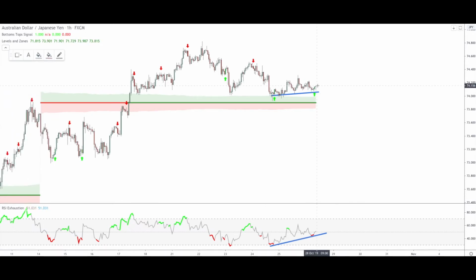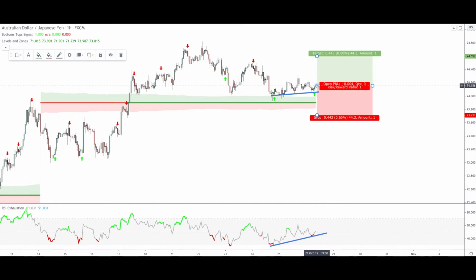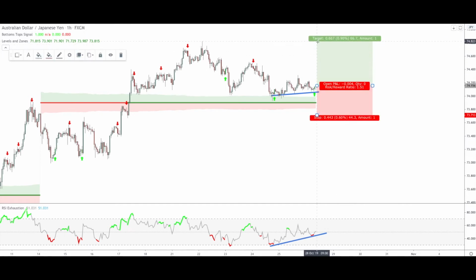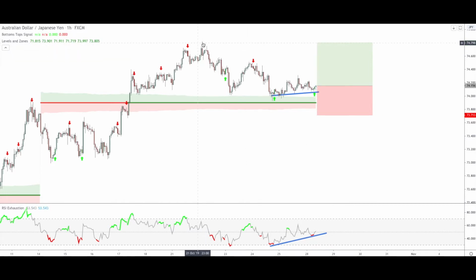So our entry price is going to be around here. And then we must set the stop loss and the target. Regarding the target, it is hard to pick where the price is going here, so I will set my target around here, which is approximately the same level that was reached by this week here.